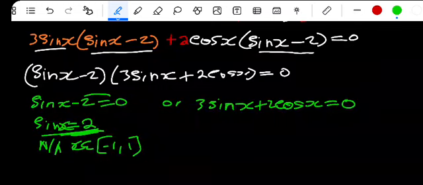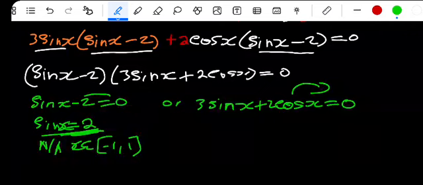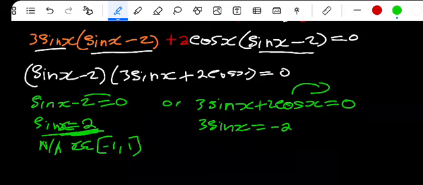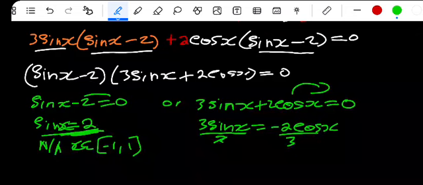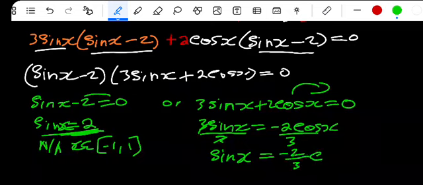So I can take this to the other side. I'll have 3 sine x equal to negative 2 cos x when I transpose. Since I have this, I can divide by 3 both sides again. 3 and 3 will cancel, and I'm left with sine x equals -2 over 3 cos x.